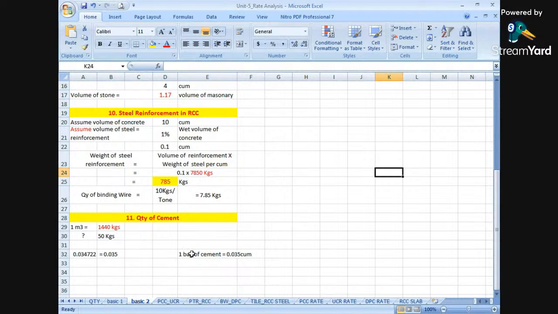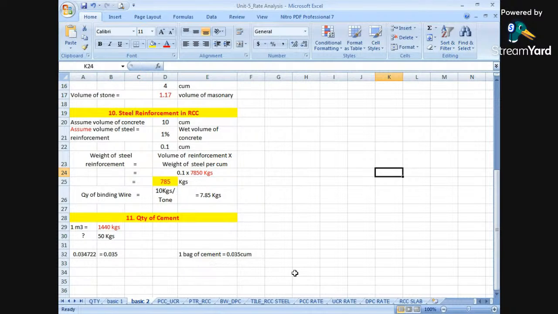So one bag of cement, that is 50 kgs of cement, will require 0.035 cubic meters of space.